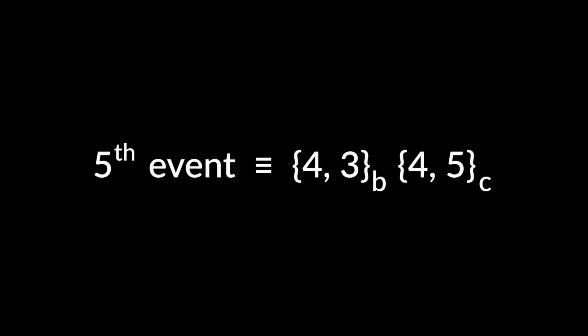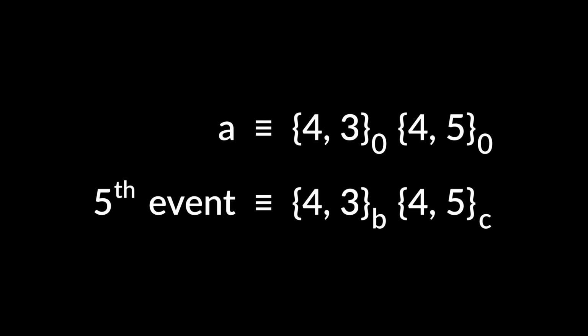But the last of the 5 events, though it, like event A, flips the edges pointing outwards from node 4, is not the same as event A. This last of the 5 events matches edges 4, 3b and 4, 5c, which were created by events B and C respectively.